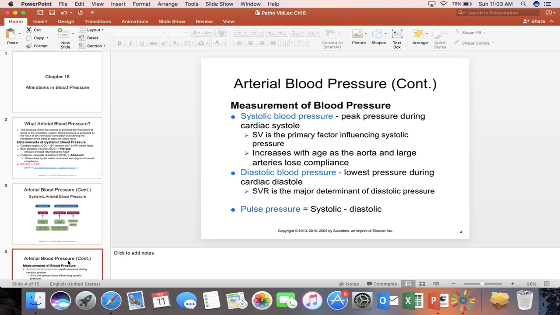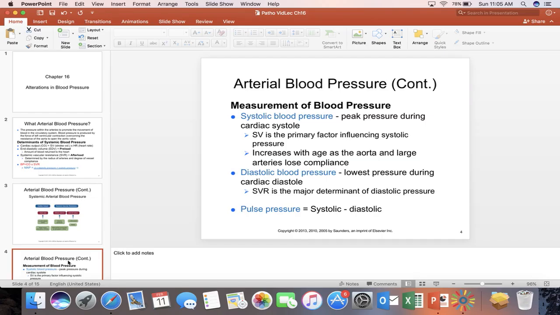Measurement of blood pressure. We have the systolic blood pressure, which is the peak pressure during the cardiac cycle. The stroke volume is the primary factor influencing the systolic blood pressure, and the systolic blood pressure also increases with age as the aorta and large arteries stiffen.